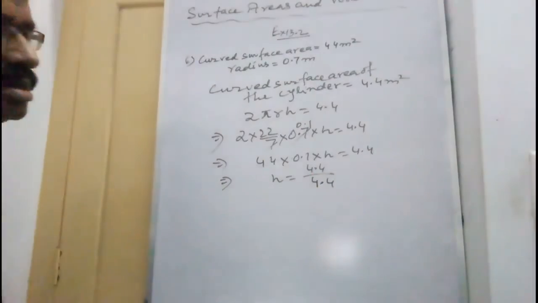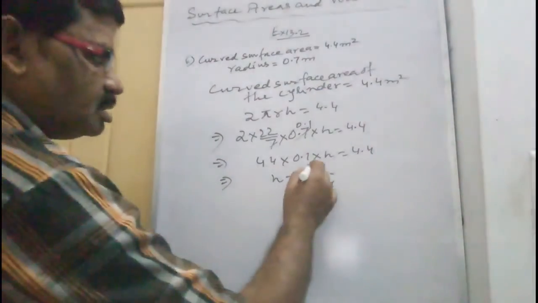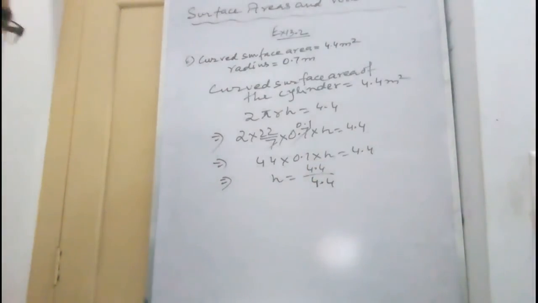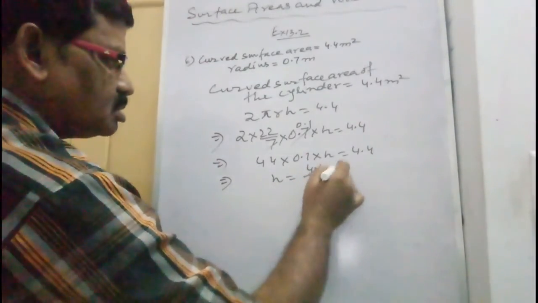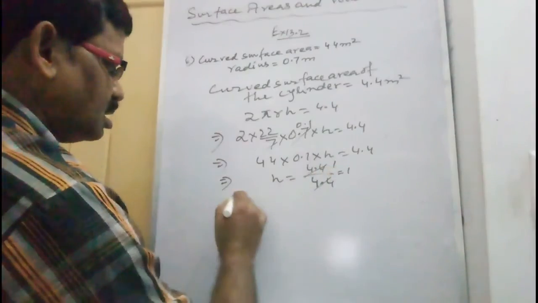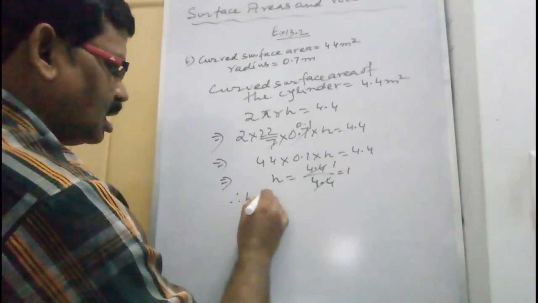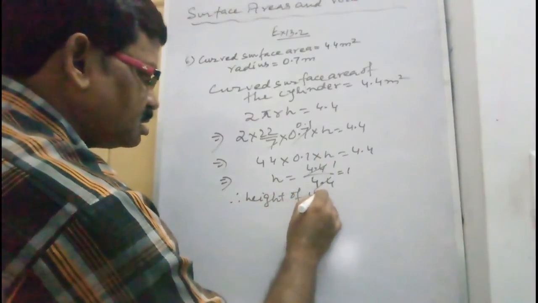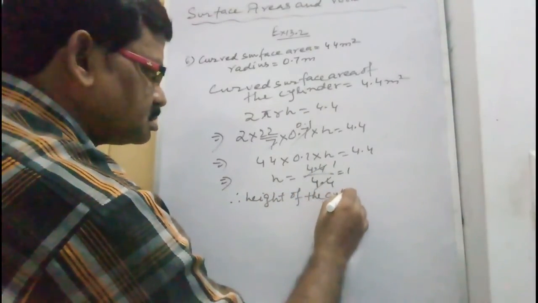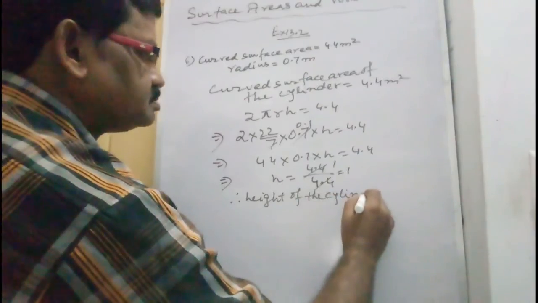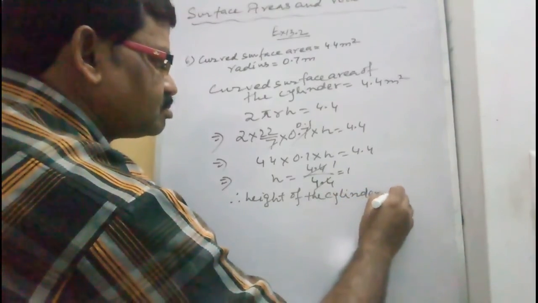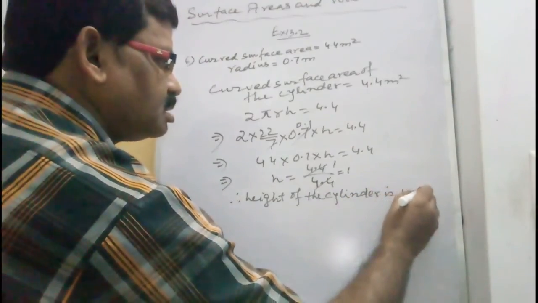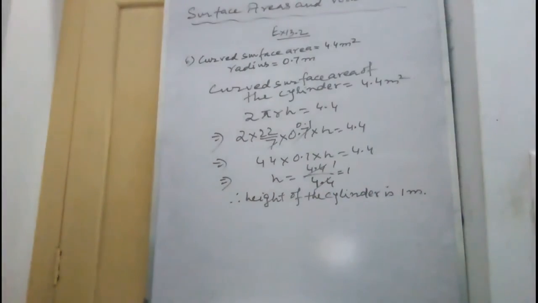So take that on the right hand side: h equals 4.4 by 4.4. Therefore, the height of the cylinder is 1 meter.